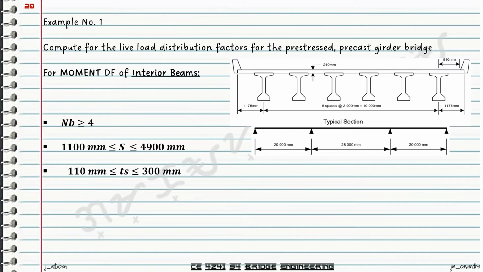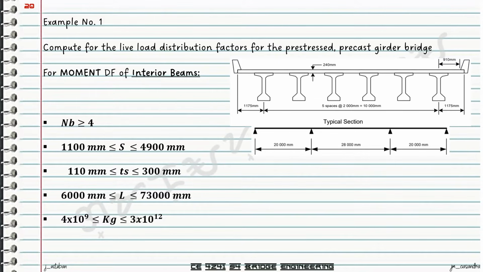The thickness of the slab or the deck should be 110 to 300 millimeters. The length of the span between the supports is 6,000 to 73,000 millimeters, and your longitudinal stiffness parameter should range from 4 times 10 raised to 9 and 3 times 10 raised to 12.